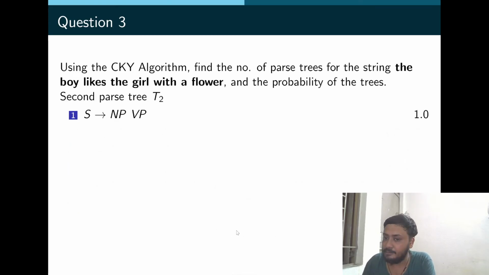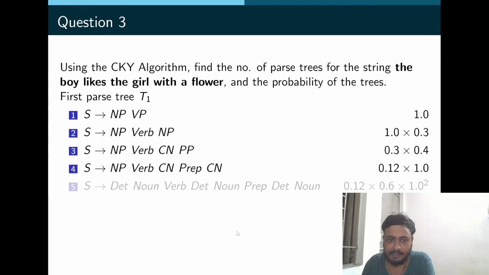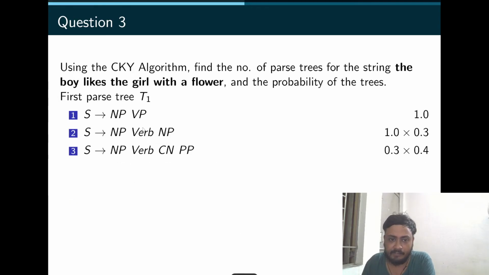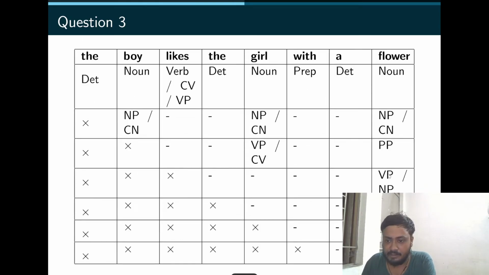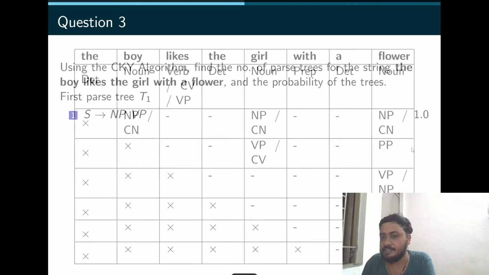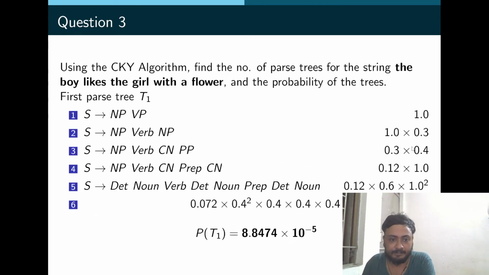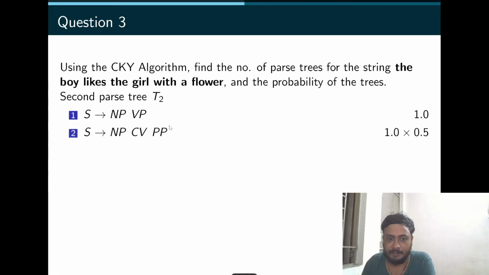And the other possible tree: in this one we broke down the VP into verb and NP, right? What about this step where VP actually came by combining CV and PP? This is the one we will explore now. So VP, we break it down into CV and PP.